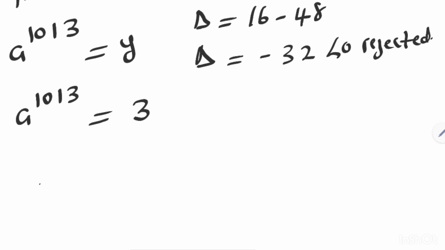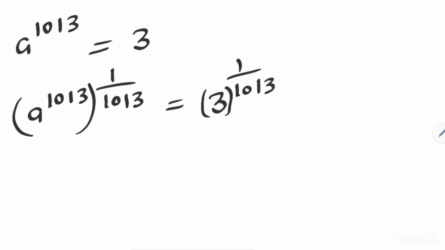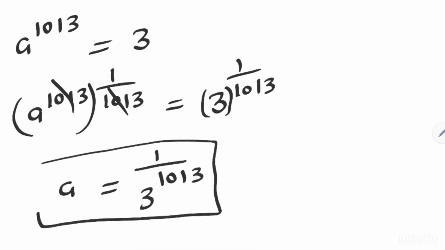That is a raised to power 1013 all to the power of 1 over 1013 is equal to 3 raised to power 1 over 1013. This cancels this. a is equal to 3 raised to power 1 over 1013. Then this is the final answer.